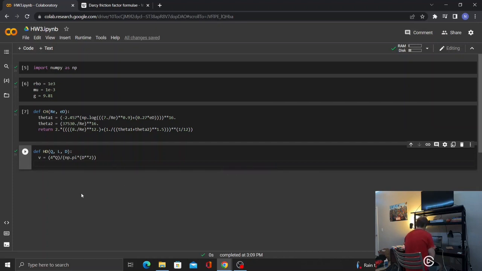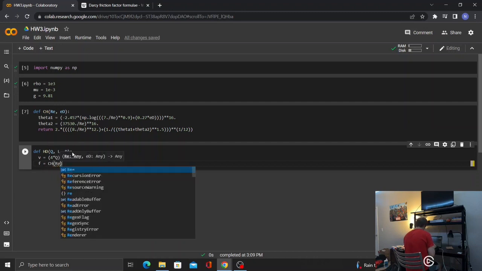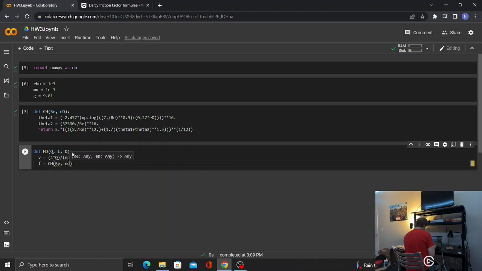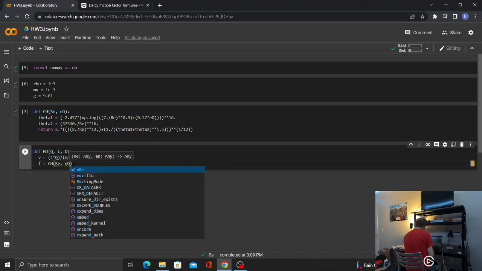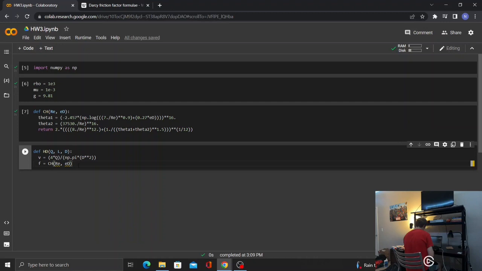And we also need the friction factor, F, which we can just use our Churchill equation here that we just saw. So Churchill, RE, Reynolds number, and ED, our roughness.